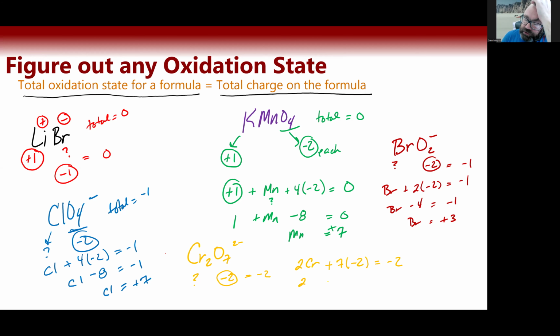So 2 chromiums minus 14 equals -2. This tells me that 2 chromiums should be 12, which means that 1 chromium should be +6.